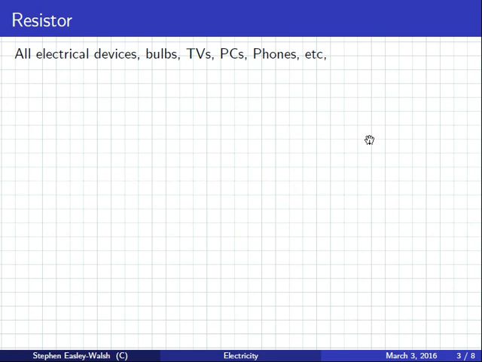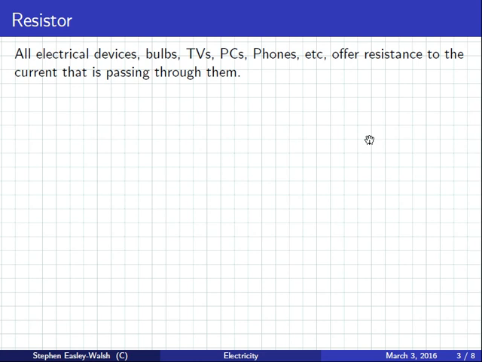Right. All electrical devices, light bulb, TV, PC, mobile phone, iPad, tablets, every electrical device has a resistance. Everything. So, if a current passes through this TV, the charge loses its potential energy because this energy gets turned into light.